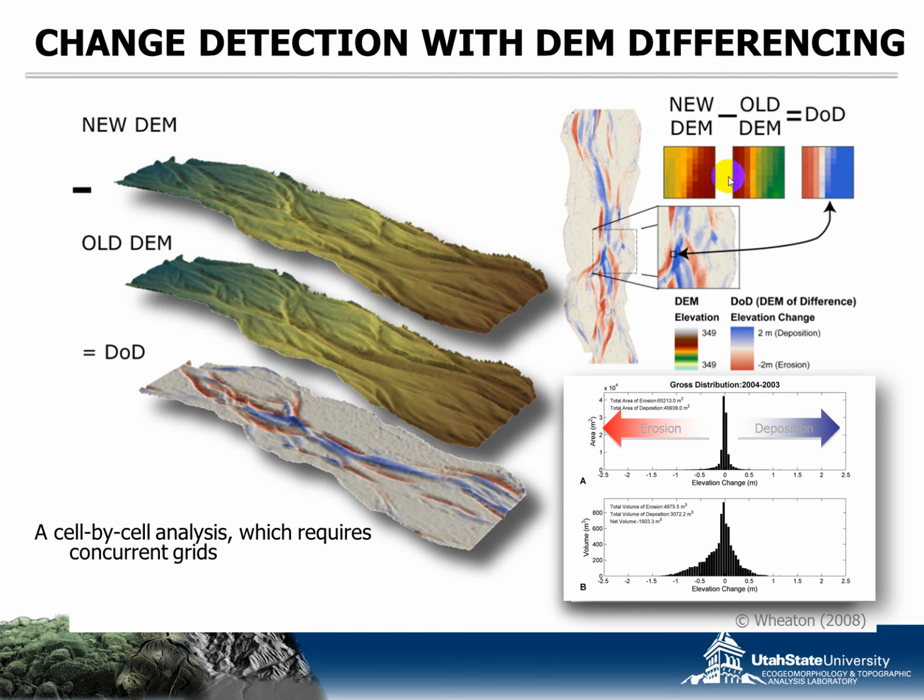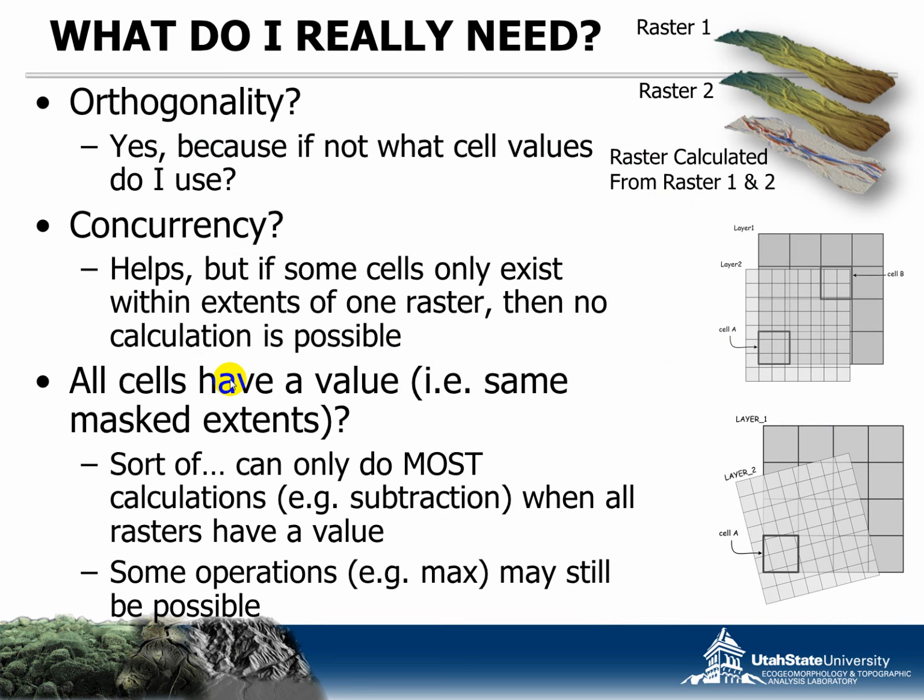If we zoom in here to our raster, here's our new DEM, here's our old DEM, and we want to go through and in each cell subtract the values in one from the values in the other and get a DEM of difference in this case. And so if these things aren't concurrent, we're not going to be able to do that accurately. What you really need is definitely orthogonality, because if not, what cell values do you use? You've got this problem again.